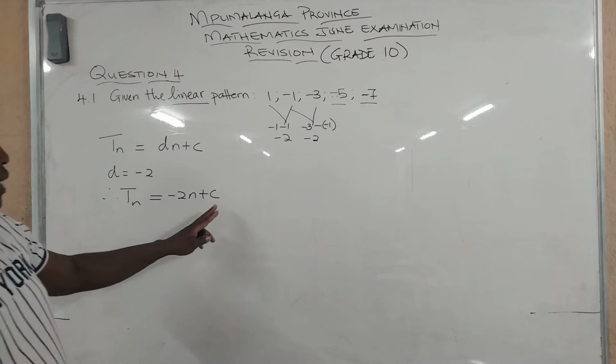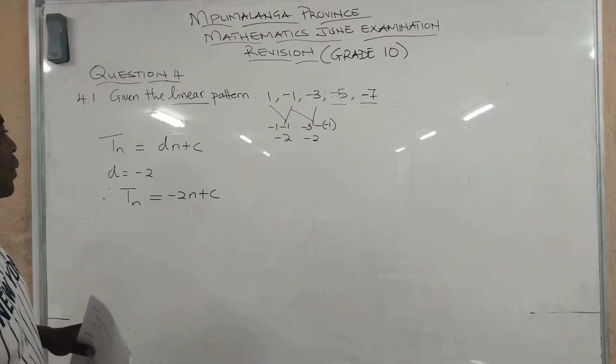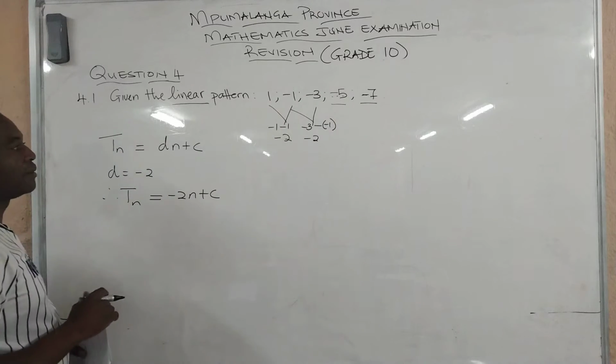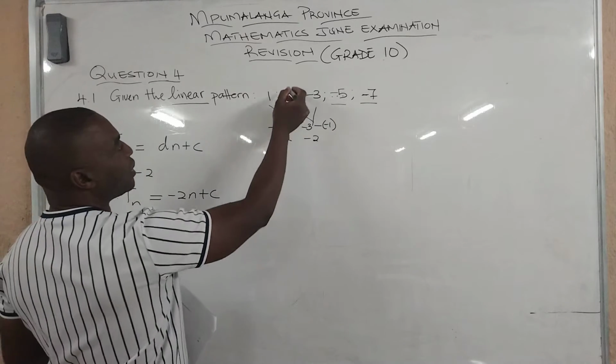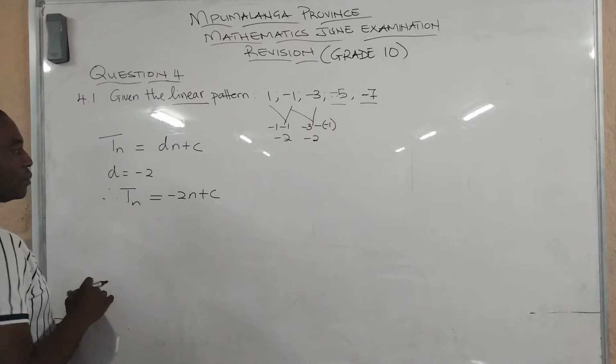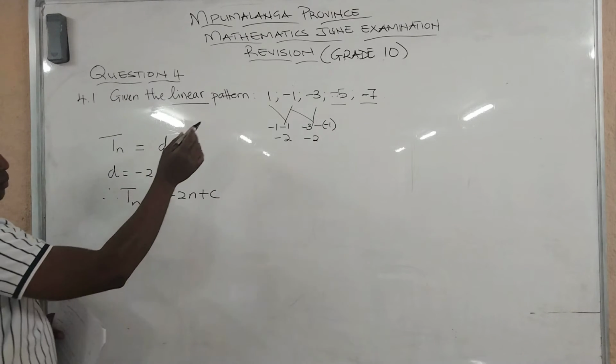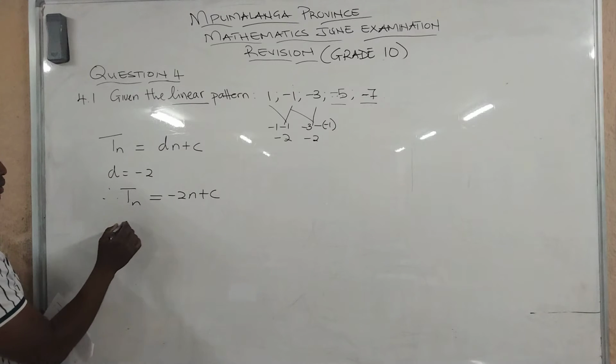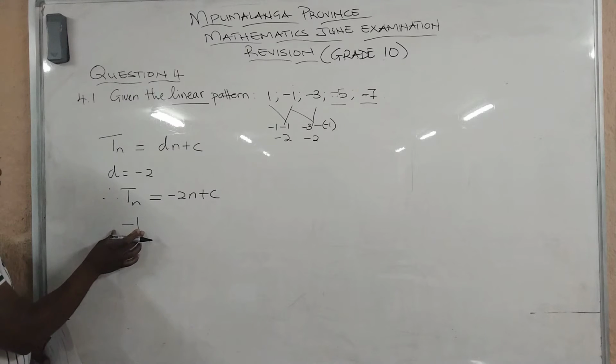Now we want to find C. We can just pick any term from what we are given. Let's say we take term number 2. Term number 2 is -1. So we are saying Tn represents a term, so it's -1.